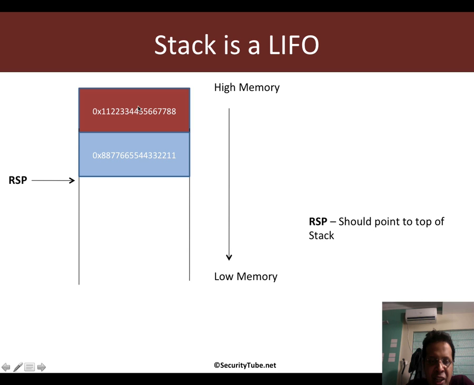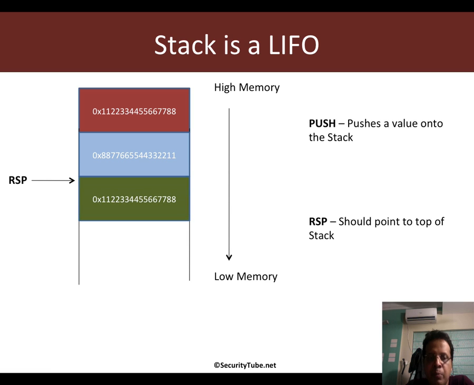Now what I have done here is there are two pieces of data, both of them 8 bytes long, one consisting of the value 1122 up to 88 and the other consisting of the reverse of the previous one. Now, when we push new data on the stack using the push instruction, RSP is automatically updated and it now points 8 bytes lower in memory versus where it was pointing before.